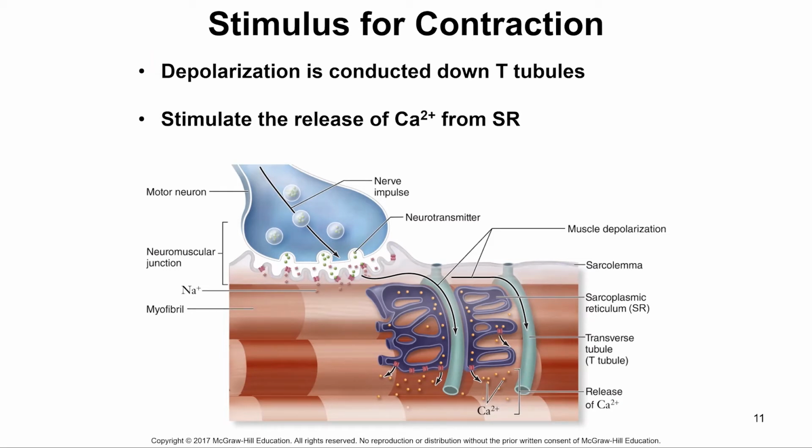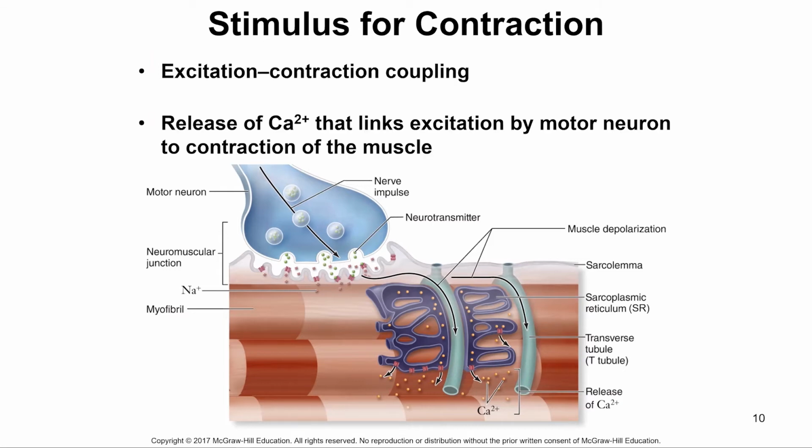And you can see that with the long, slender arrow that's going from the neuromuscular junction down the green tubes pictured. And when that action potential migrates down the T-tubule, it triggers the sarcoplasmic reticulum, which are those purplish-bluish structures adjacent to the T-tubules, to release calcium ions. And it's these calcium ions that actually trigger the muscle contraction.